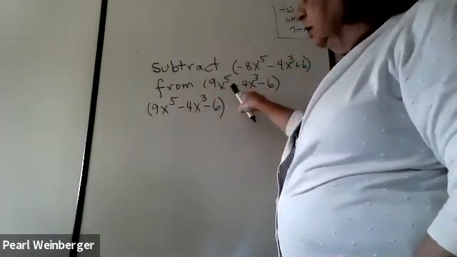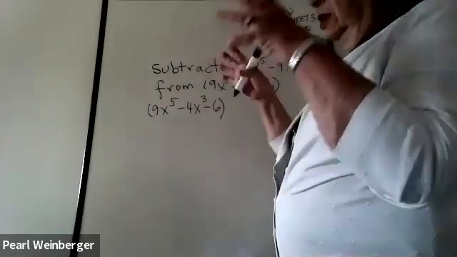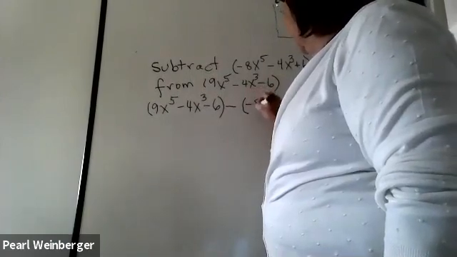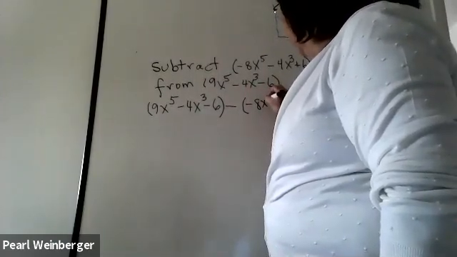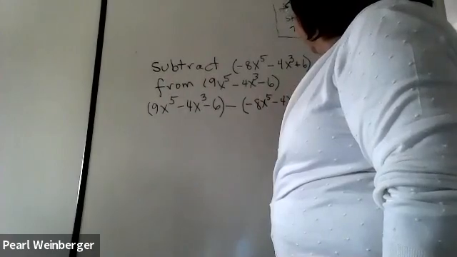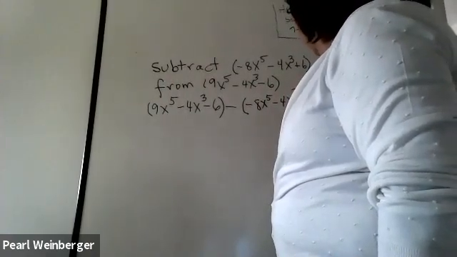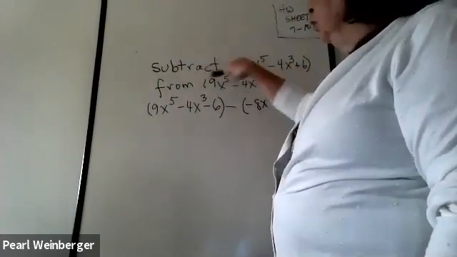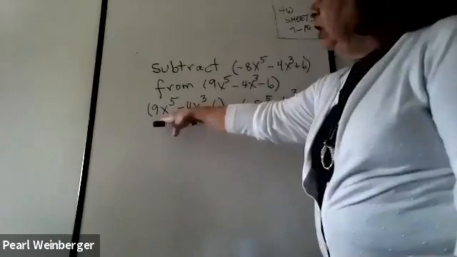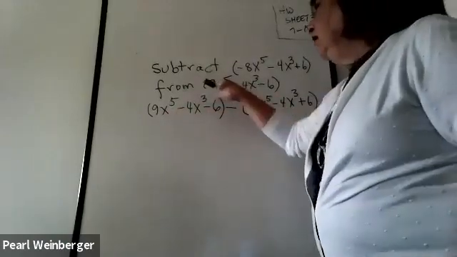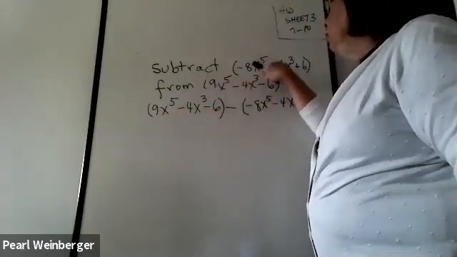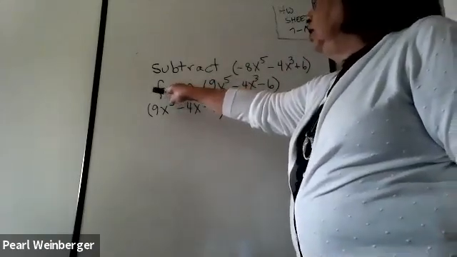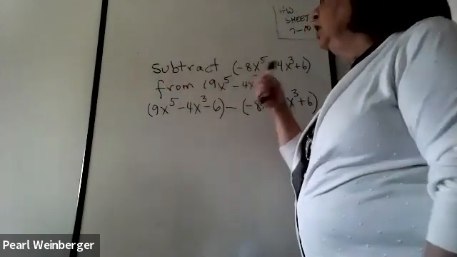This is the first expression, and you're subtracting the negative 8x to the 5th minus 4x cubed plus 6 from it. So even though this came first when we said it, when we write it algebraically, we have to put this one before this one. The expression that's after the word from is what comes first.